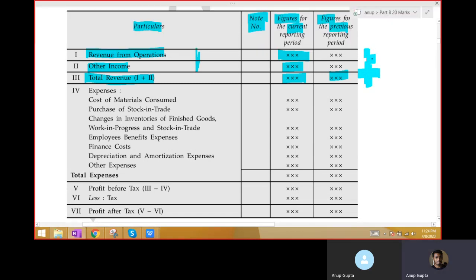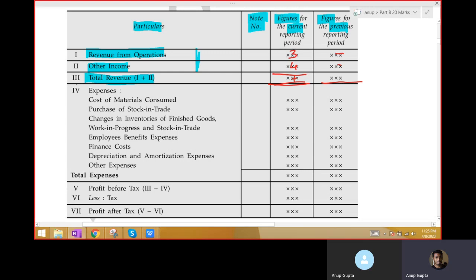Let me repeat again. If the current year revenue from operation is 3 and the other income is 4, the total will be 7, and then we'll close it. See, it is closed here. For the previous year also we'll do the same and then we'll close it. After writing these two, we'll close the line here.